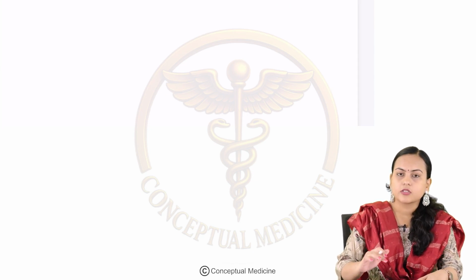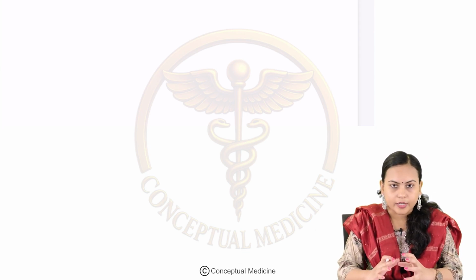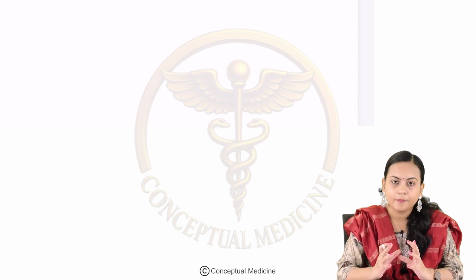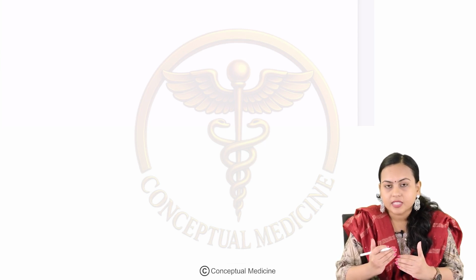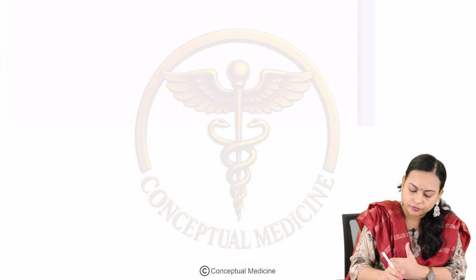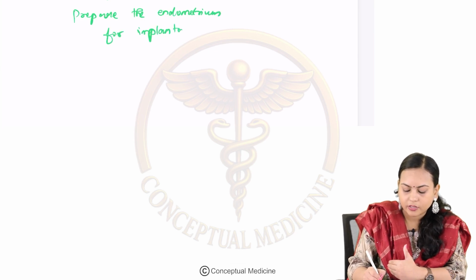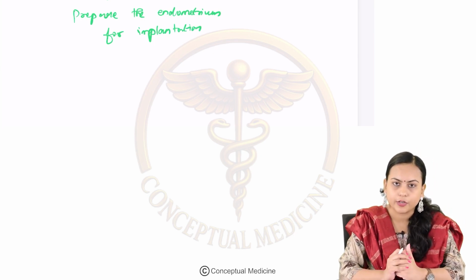Whether fertilization occurs or not, even before that, the corpus luteum starts secreting progesterone, and this progesterone hormone is going to prepare the endometrium for implantation. So even before implantation itself, this is going to be produced.